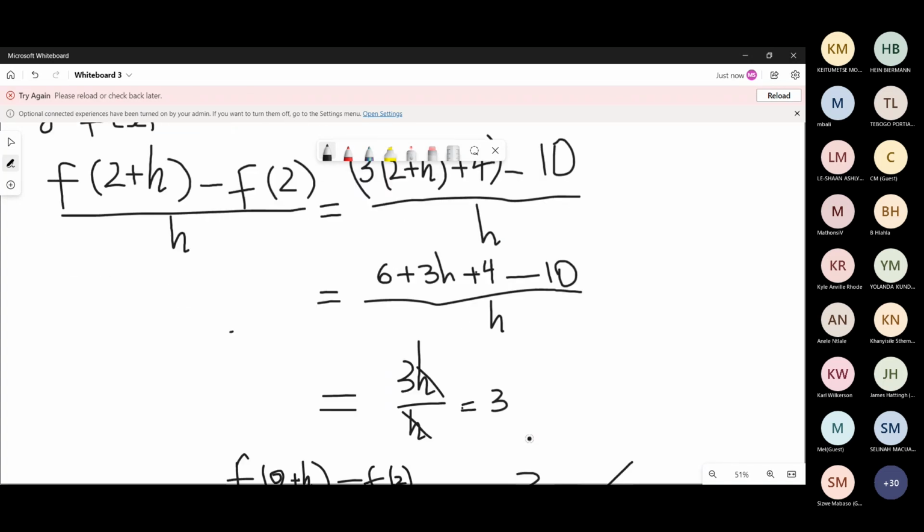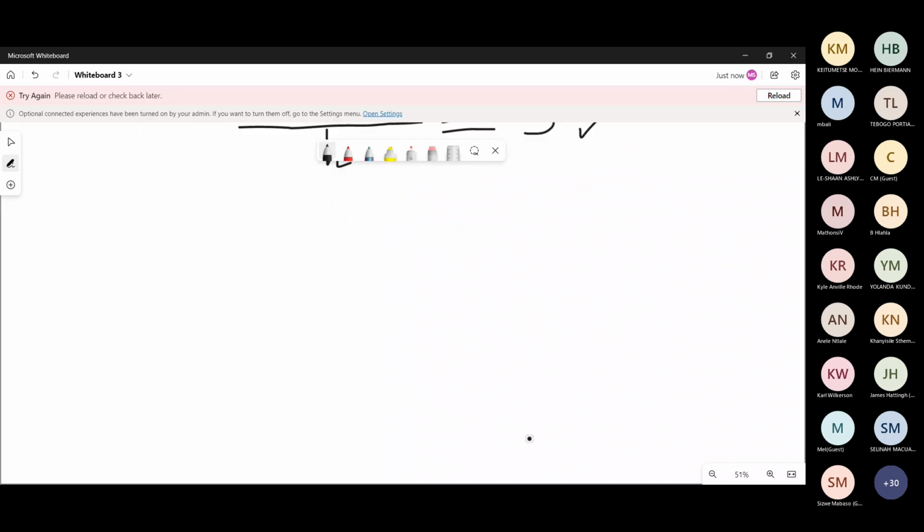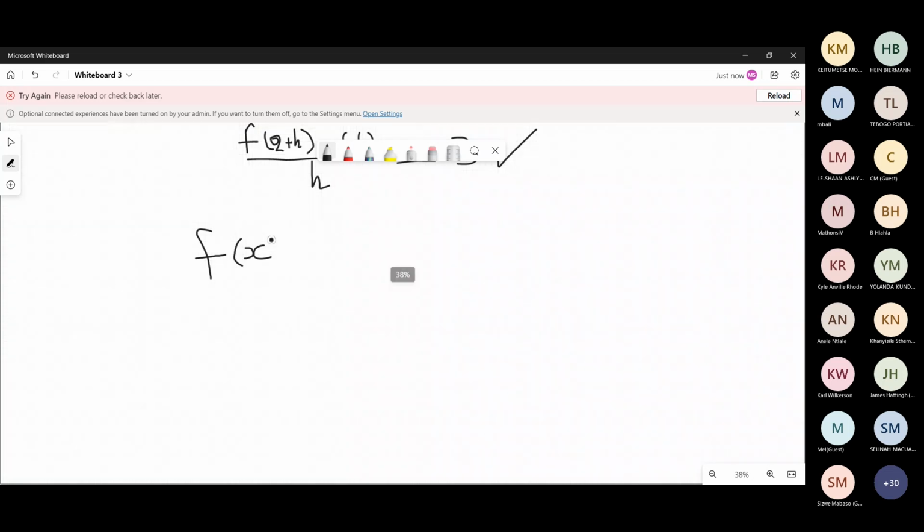Okay, sir. We look at the following. We have here the function f. The function f of x was given by 3x plus 4.